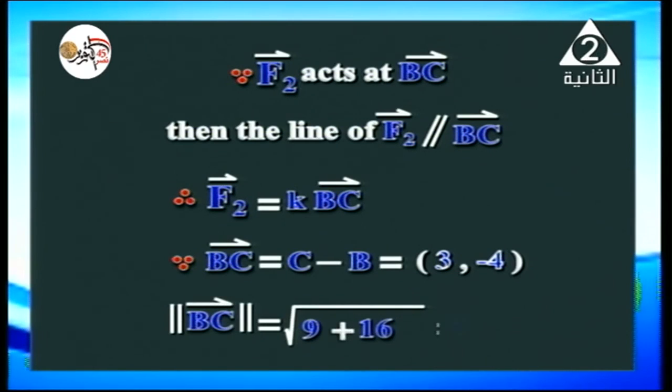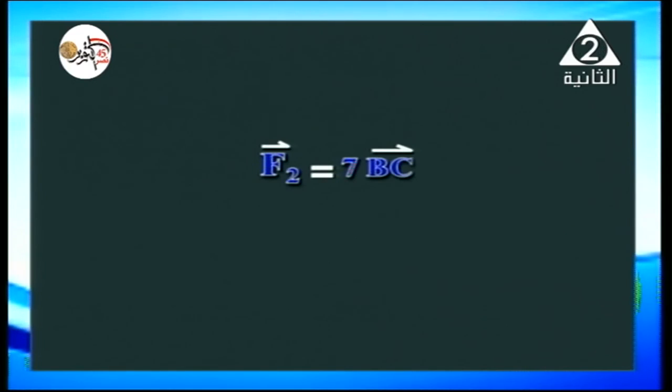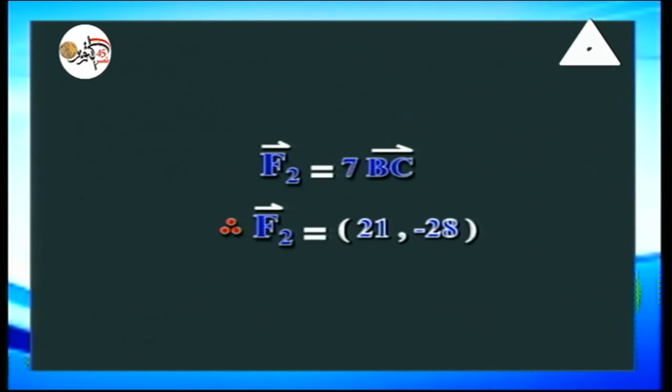Square root of 9 plus 16 equals square root of 25 equals 5. This is the norm of BC, or the length of BC. Therefore, F2 equals 7 BC, F2 equals (21, -28).